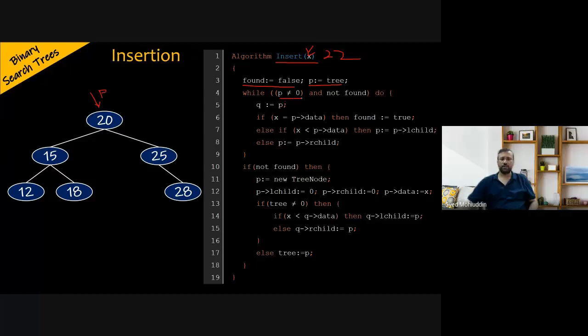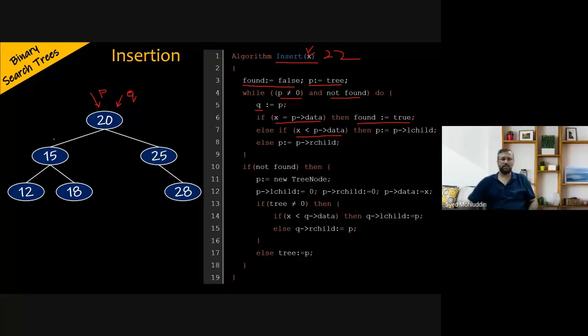Then while p is not null and found is false, we use q. I took pt, but in this formal algorithm q is the variable that refers to the parent. Then we check if it is equal, then we say found, that is, we cannot insert that element because it will be a duplicate.